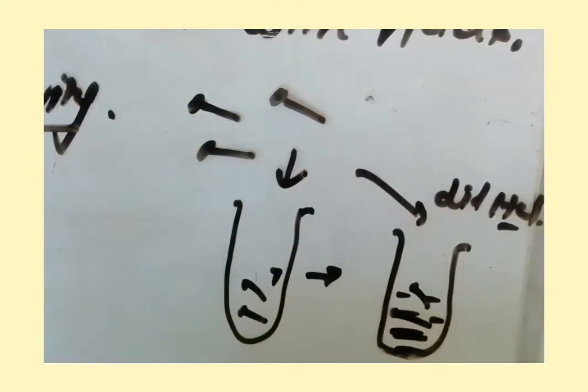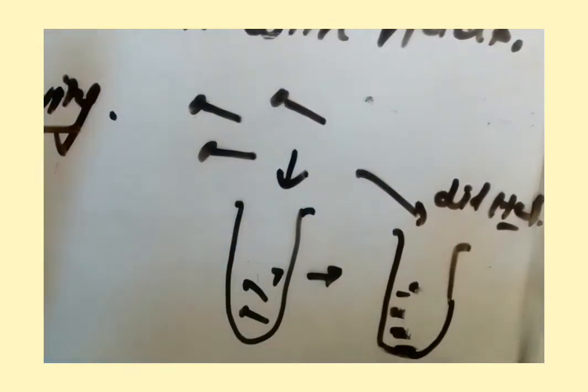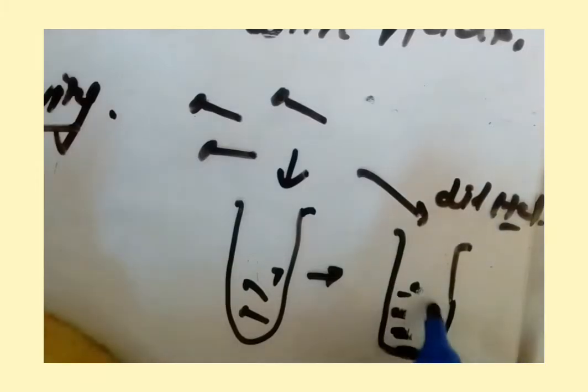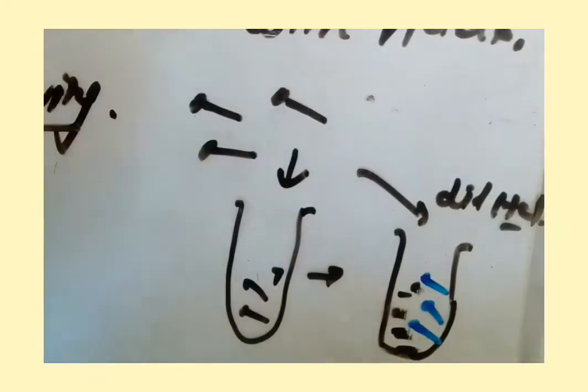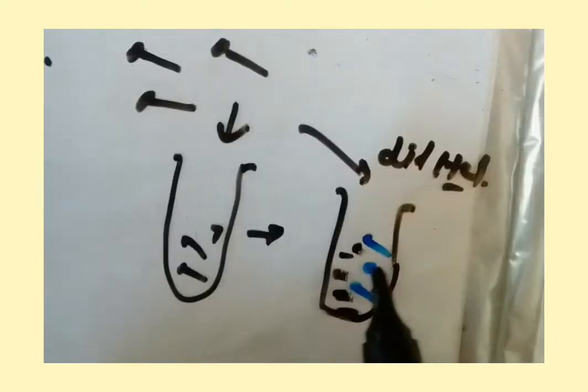Then what will happen? Let me show these iron nails with blue color here. These are the iron nails. Okay. Then what will happen after this? Okay, first of all, before the result, what we will do?